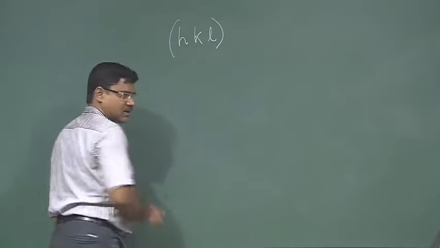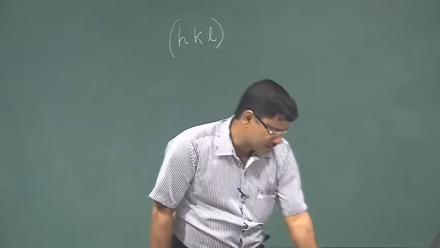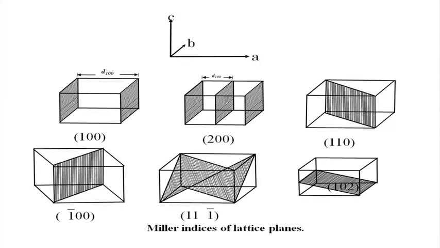So, I think here I can show you some planes. As I showed, these planes are 1 0 0, if this is the a axis, this is the b axis, and this is the c axis. This plane intersects only the a axis.